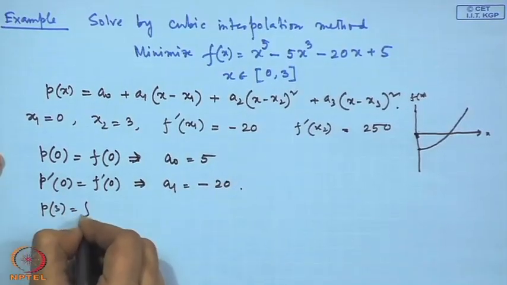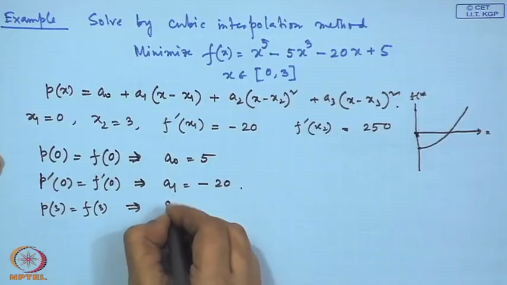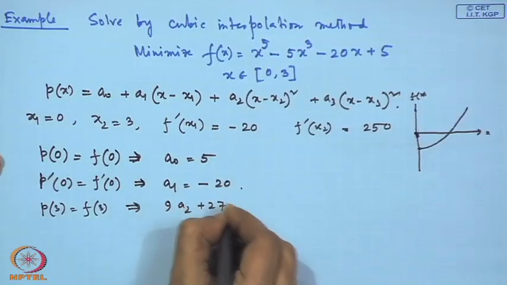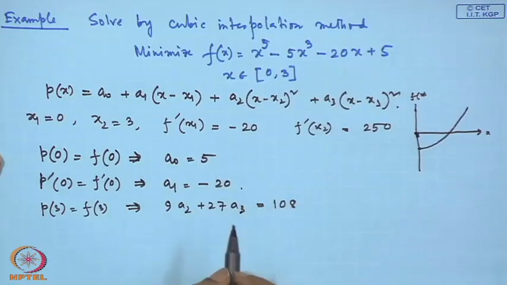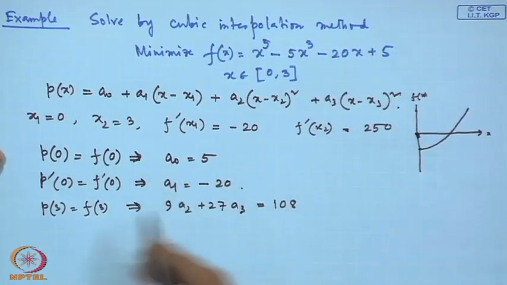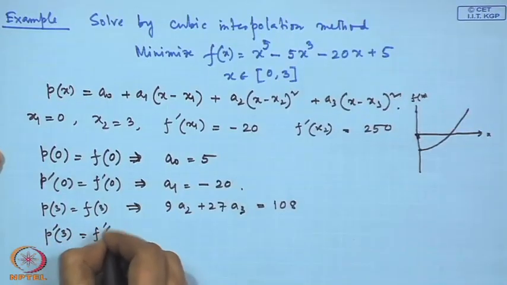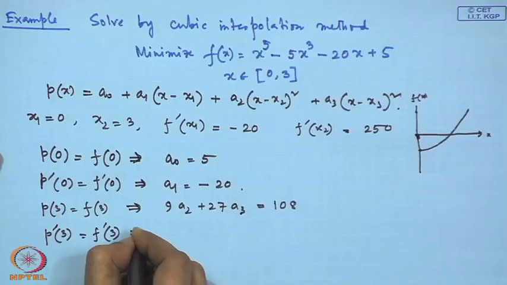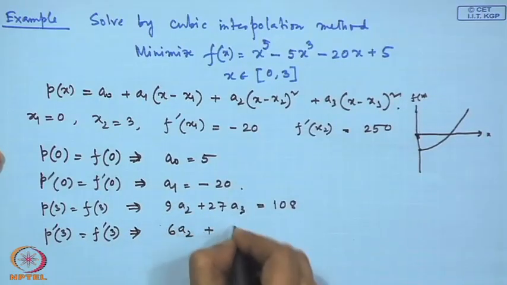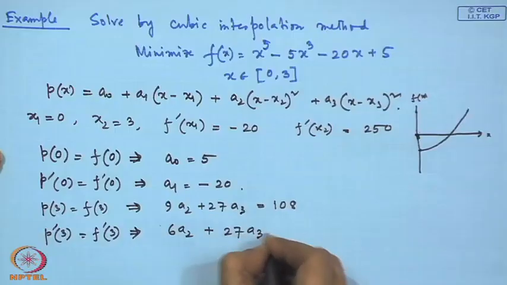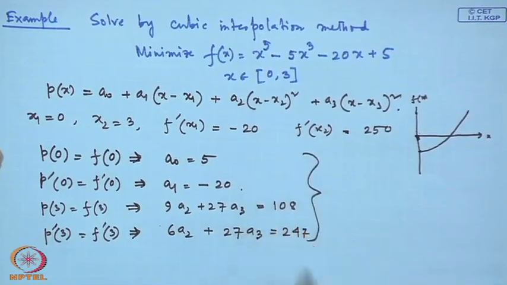P3 equal to F3 gives the equation 9 A2 plus 27 A3 equal to 108 by substituting the values of A0 and A1, and we have another equation, P prime 3 equal to F prime 3. Then it will give me another equation, 6 A2 plus 27 A3 equal to 247, all right.